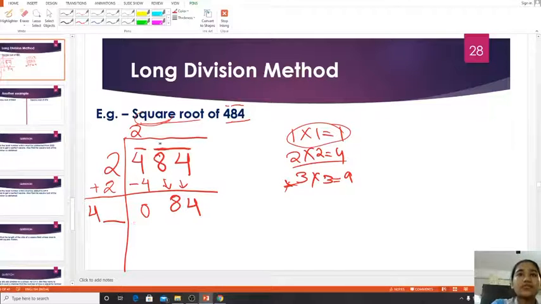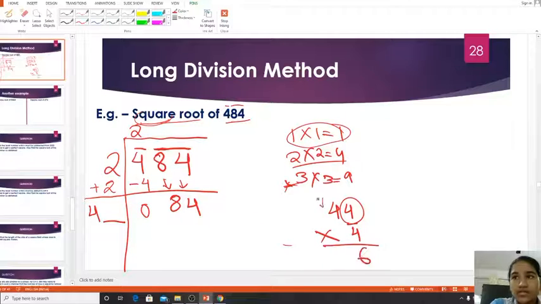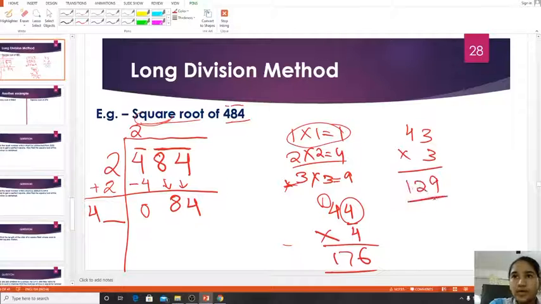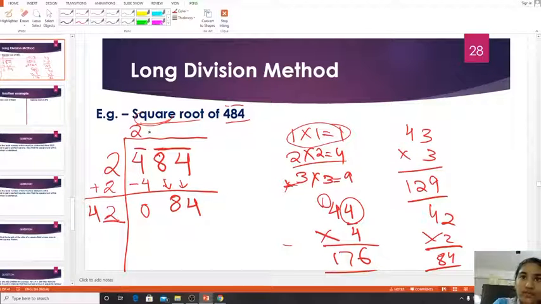For example, if we take the digit to be 4, we have to place 4 over here also. 44 into 4 is 176. Oh my god, it's bigger. If we take 43 into 3, 129. No, still not working. 42 into 2, yes, it works. 84. So we'll place the digit 2 over here and again 2 over here, and then subtract.